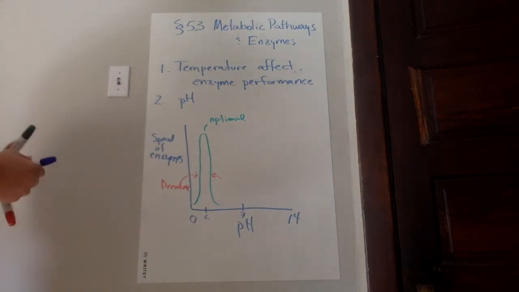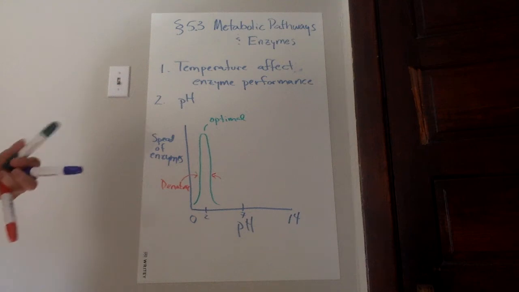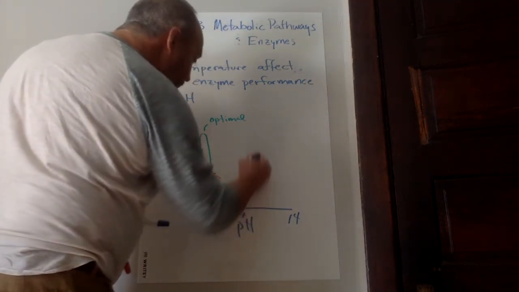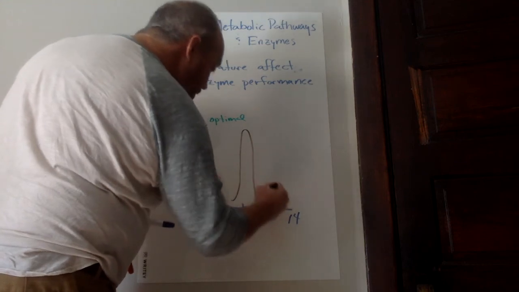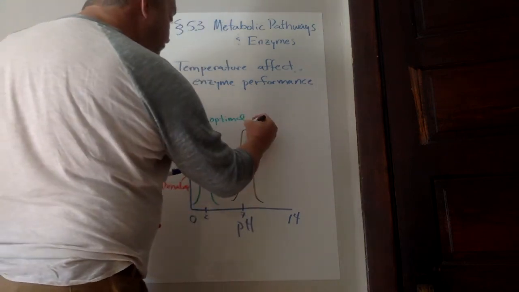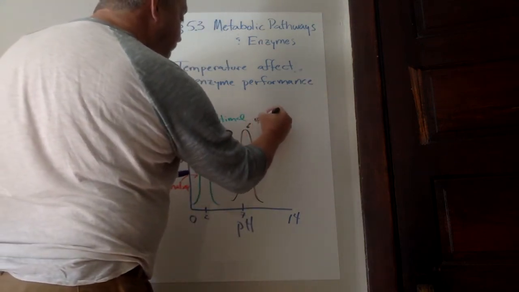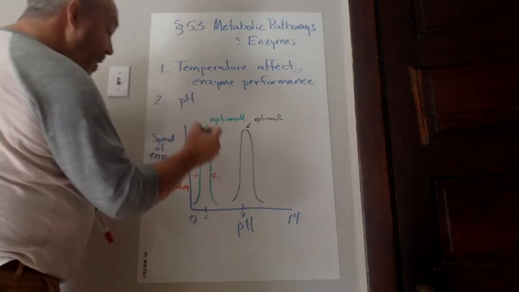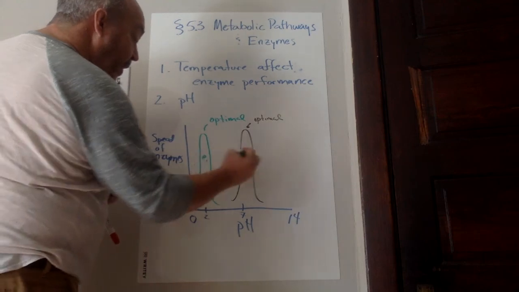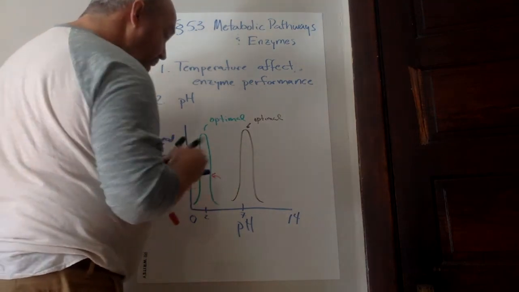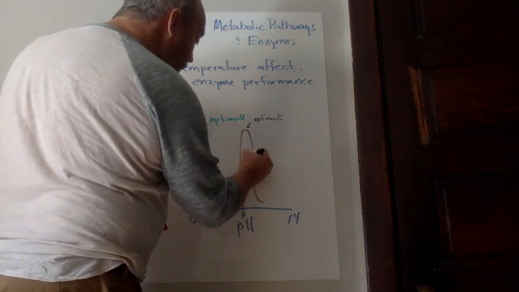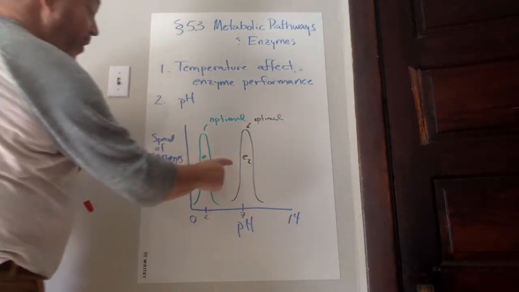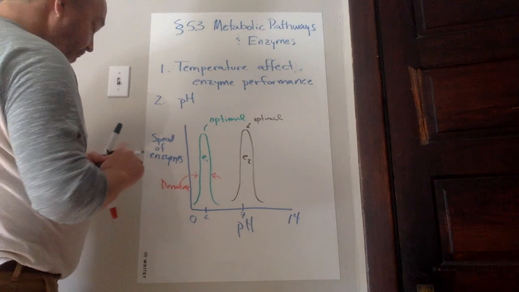Some enzymes are optimal at acidic conditions. Some enzymes are optimal around neutral conditions. So now, for this enzyme, this is the optimal. So this might be enzyme 1, this might be enzyme 2. Each of them has their own optimality, and when they are not optimal, they begin to denature.